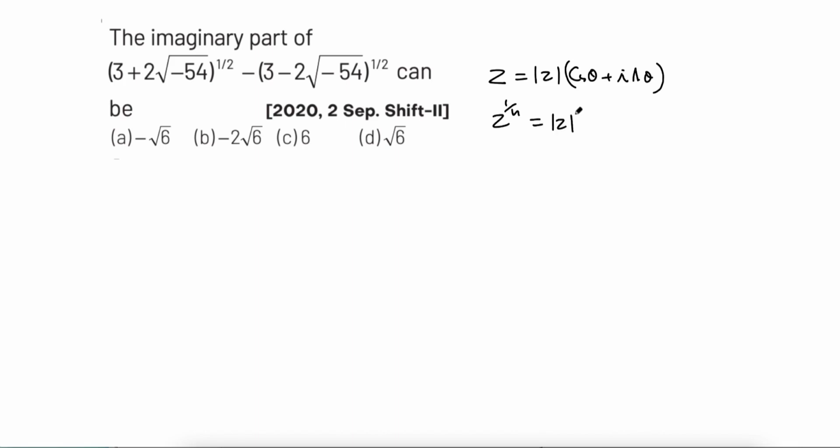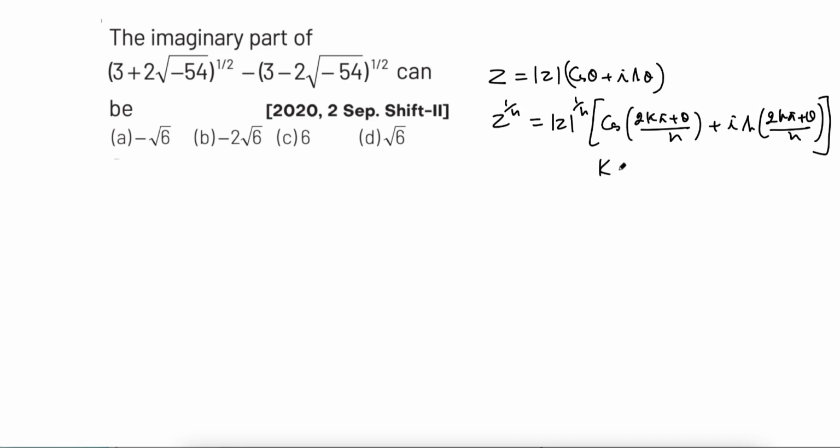That will be equal to mod z to the power 1 by n, and here it will become cos of (2k pi plus theta) by n plus i sin of (2k pi plus theta) by n. Yes, this is De Moivre's theorem we know, and the k value is an integer from 0, 1, 2 till n minus 1. This is the way we calculate the nth root of any complex number.